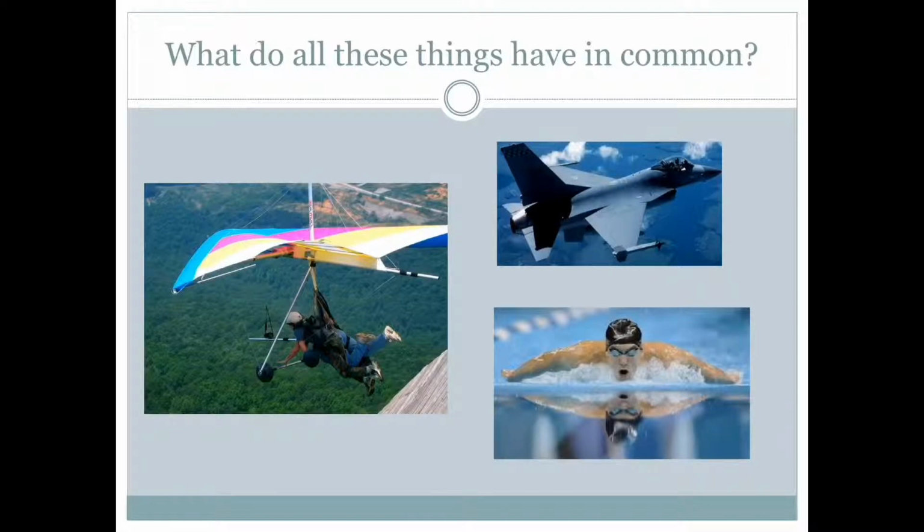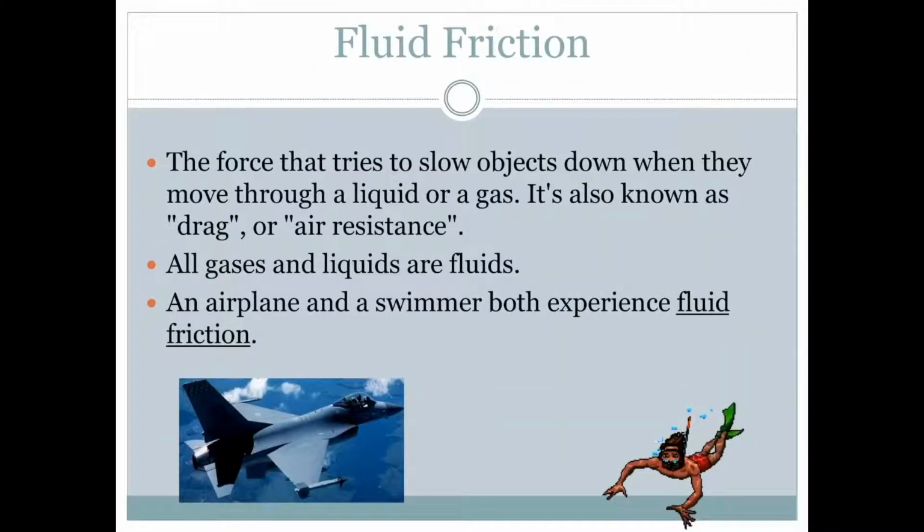What do all of these pictures have in common? So it looks like we've got a person paragliding, I believe that is, an airplane, and then Michael Phelps swimming. All of these things have a fluid in common. Air is considered a fluid, and so is water. So this is fluid friction. Fluid friction is the force that tries to slow objects down when they move through a liquid or a gas.